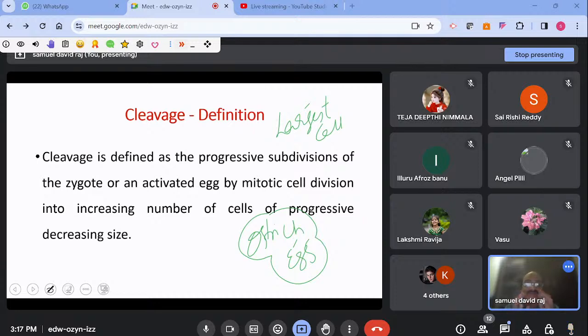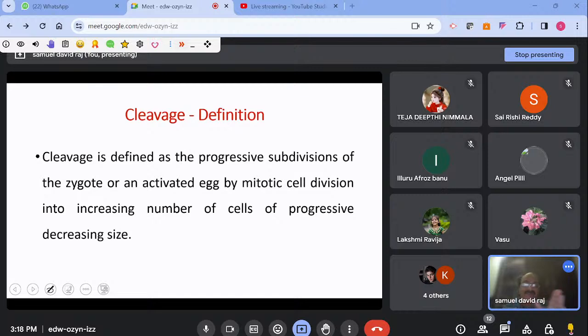So this is a large cell, but from the fertilized egg, the cells of the body of the ostrich, which are microscopic, have to be produced. That is the reason why for each division, the cell which can be seen with the naked eye has to decrease in size so that ultimately it reaches the size of the parental cell.